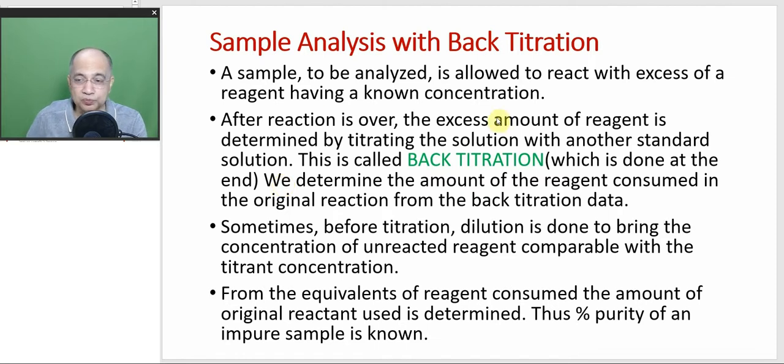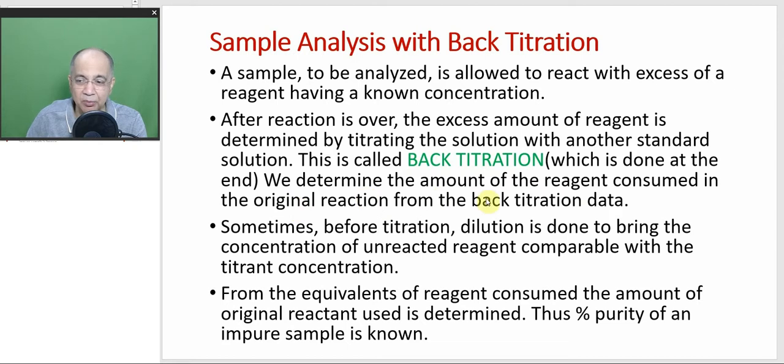And to know how much of the reagent has remained in excess, we have to perform a titration experiment. This is called the back titration. Back titration means we are getting the knowledge of how much reagent is left in excess. We have to titrate at the end. So that's why it is back titration, which is done at the end.